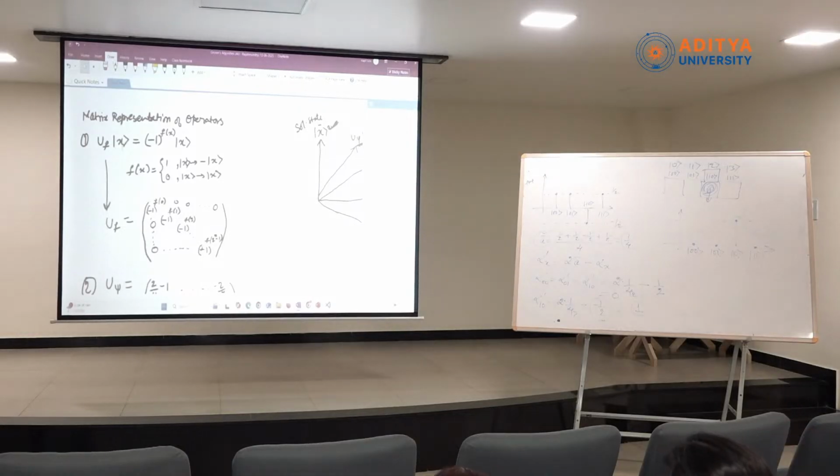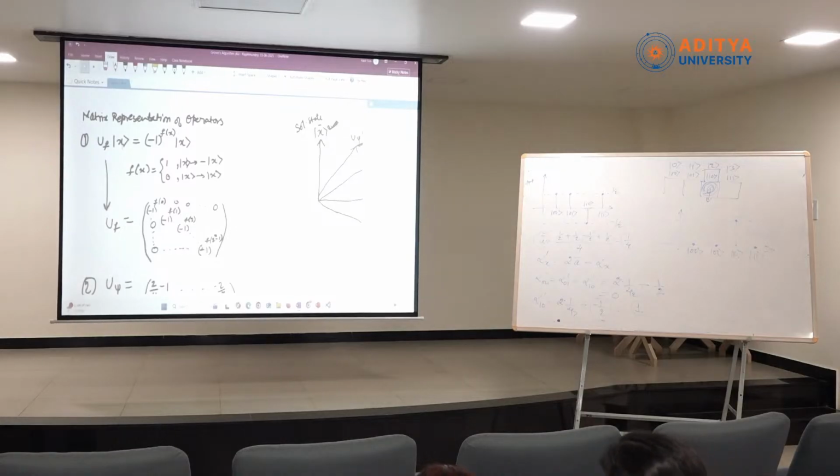It returns 1 when your quantum state is the same as the desired state. And if your quantum state is not the same as the desired state, this function returns 0. Suppose for 0, 0, f of x should be 0.